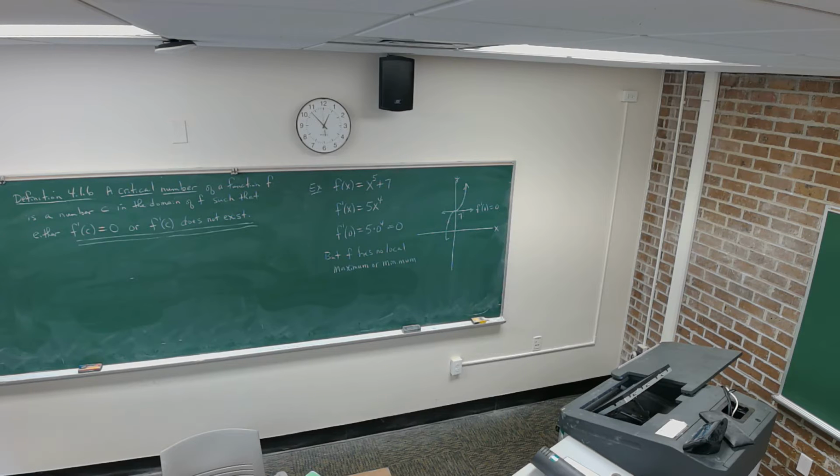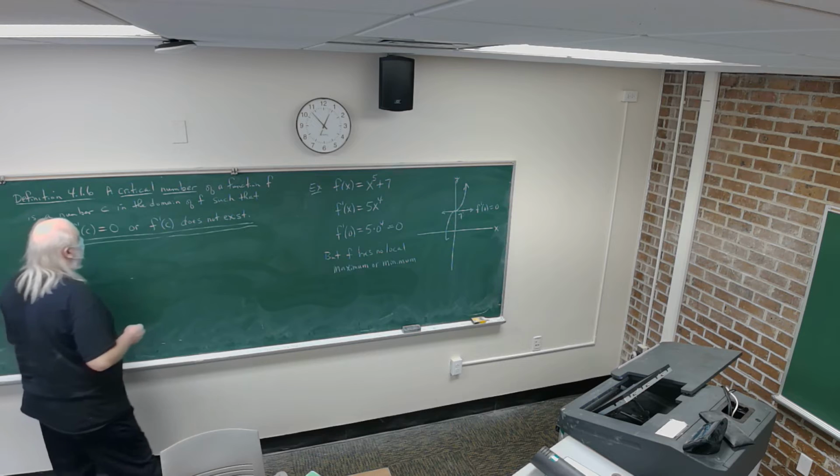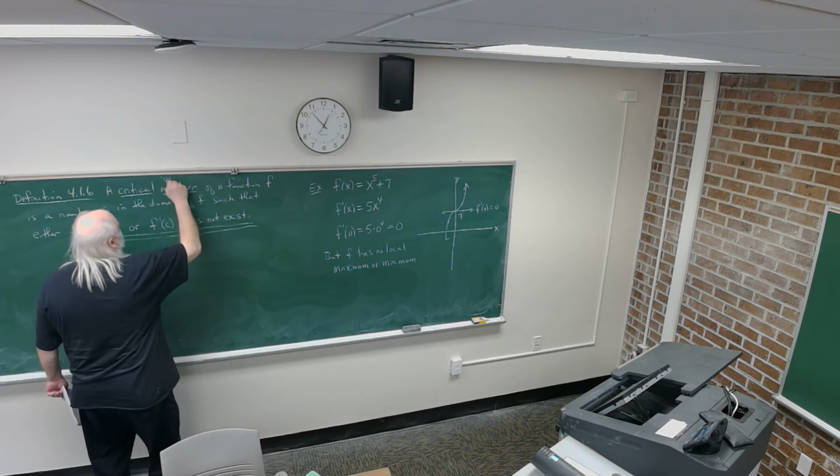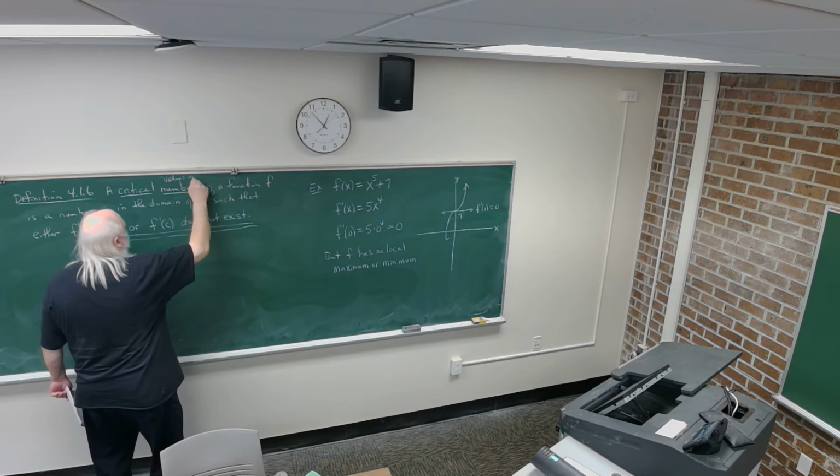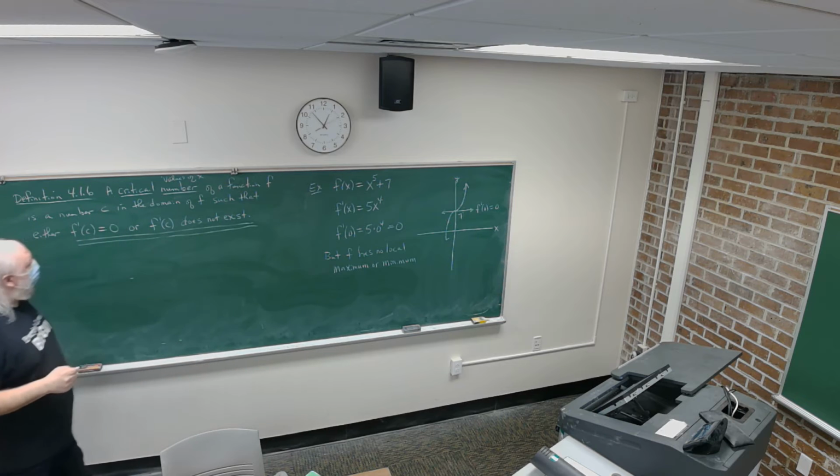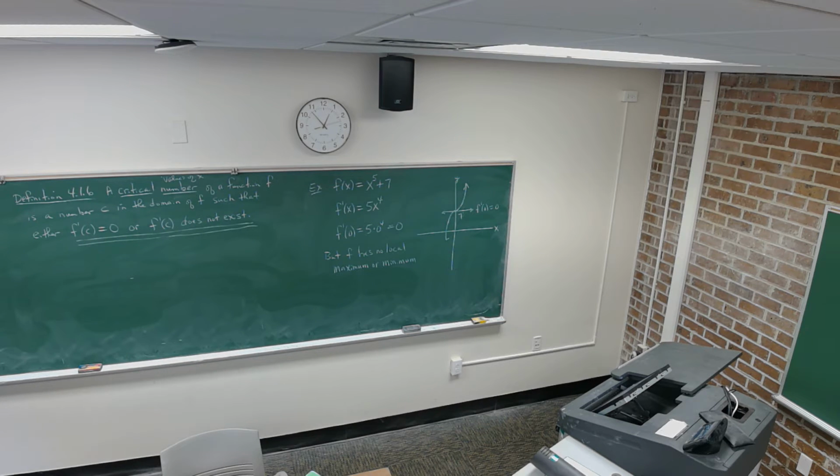Critical numbers are values of x, the input variable x. And they are those values of x in the domain of the function f where the first derivative is equal to 0, or the first derivative does not exist.